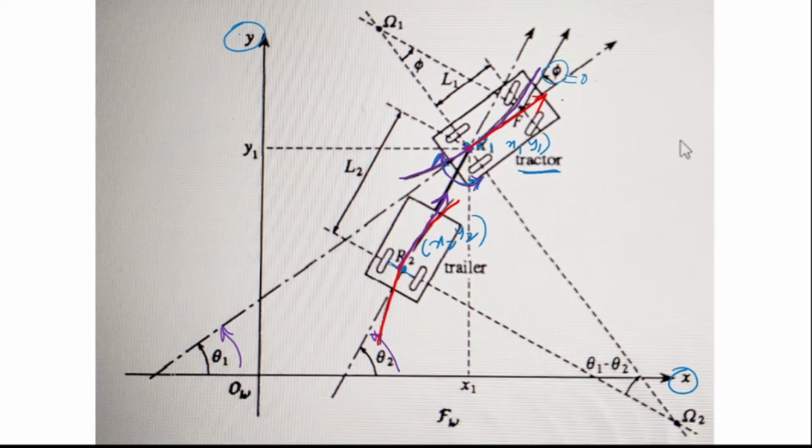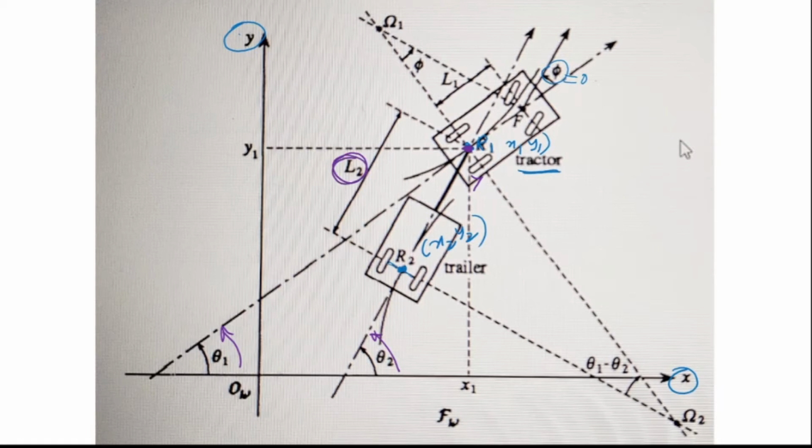So both the velocities are tangential at R1 and at R2. Please note the directions in which the tractor and the trailer are going. The other thing to note is that L2 is the distance between the point R2 and the point R1.